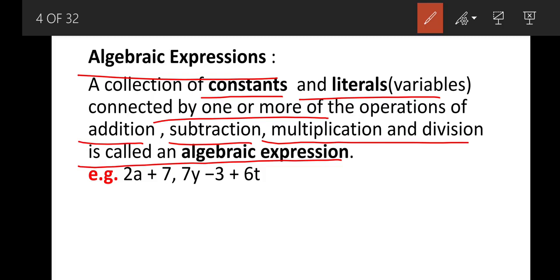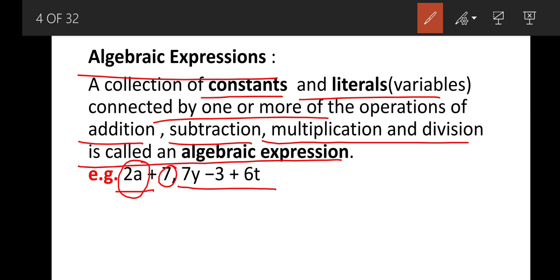For example, 2a plus 7 and 7y minus 3 plus 60. Here if I talk about this term 2a, 2 is the numerical coefficient, a is your literal coefficient, and these are the collections of constants and literals. 7 is your constant term.